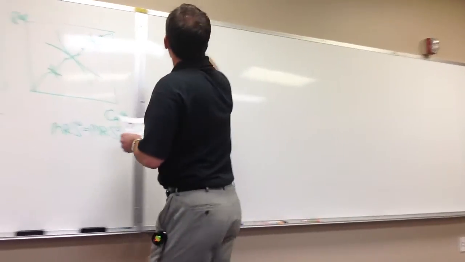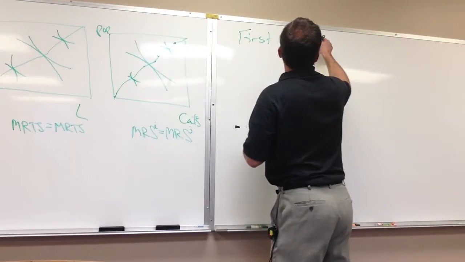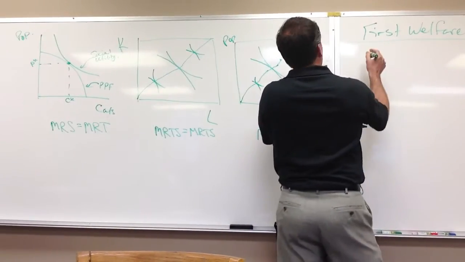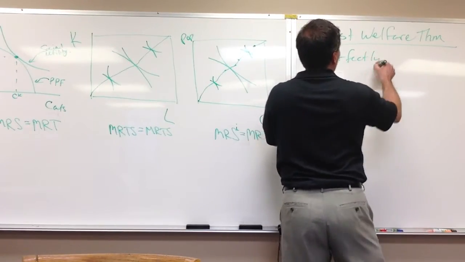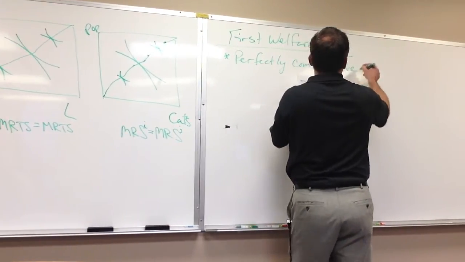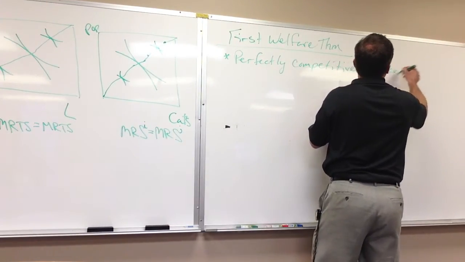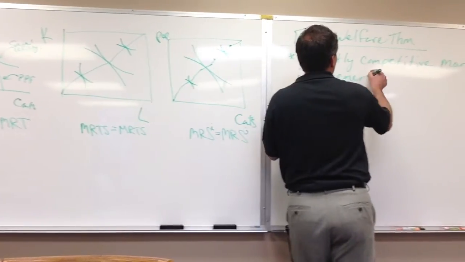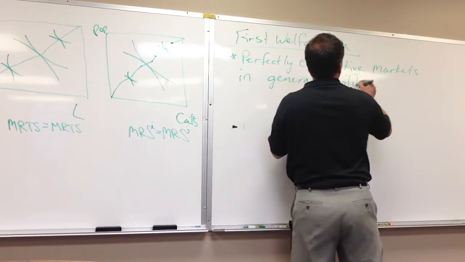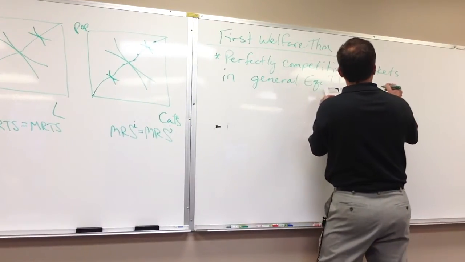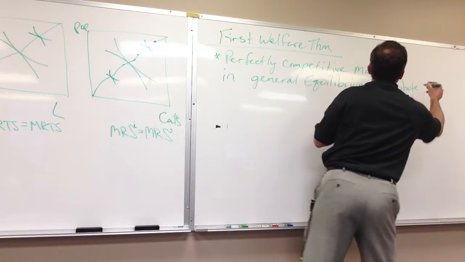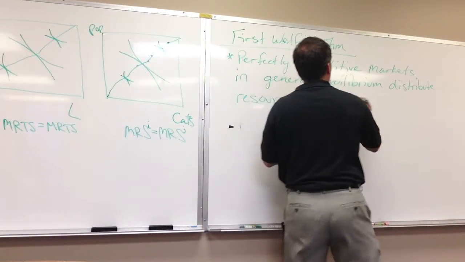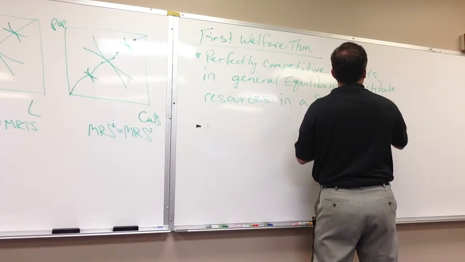So the first welfare theorem states this: perfectly competitive markets in general equilibrium distribute resources in a Pareto efficient way.